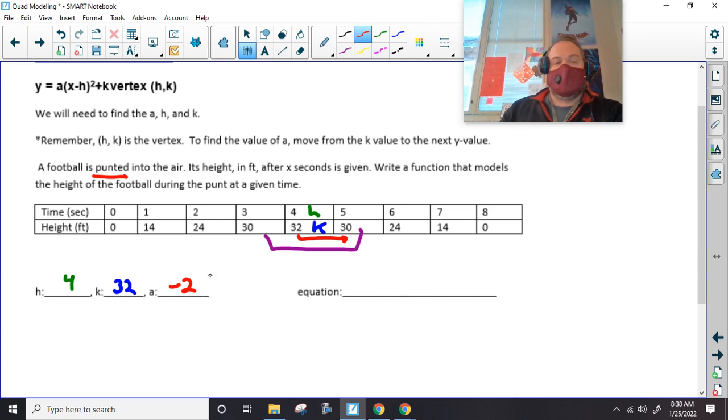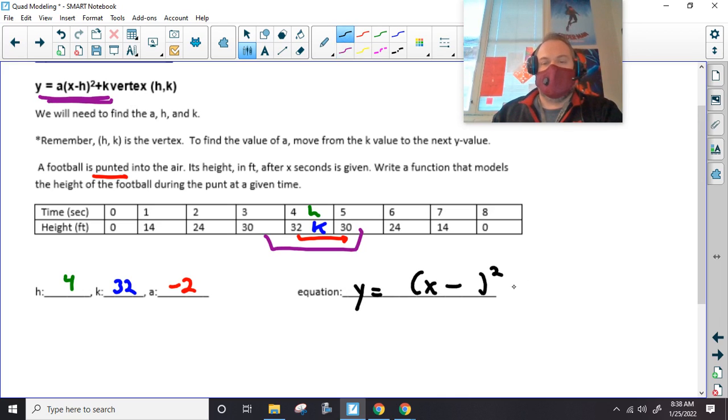Now we have all our information to plug into this formula right here. All right. So my A, -2, goes here. My H, which is 4, goes here, and my 32 goes here.